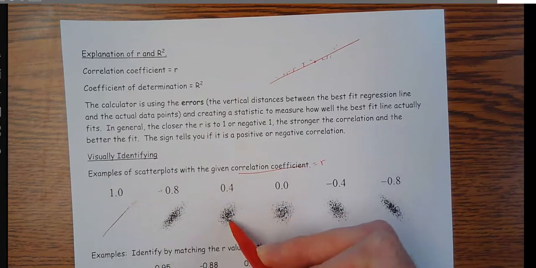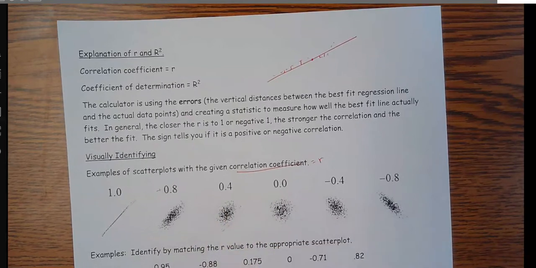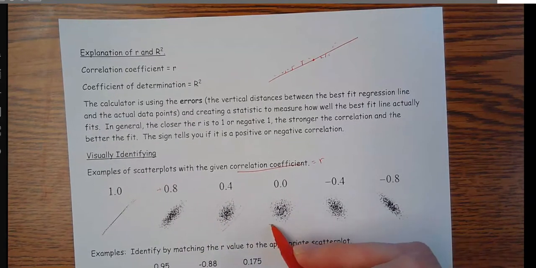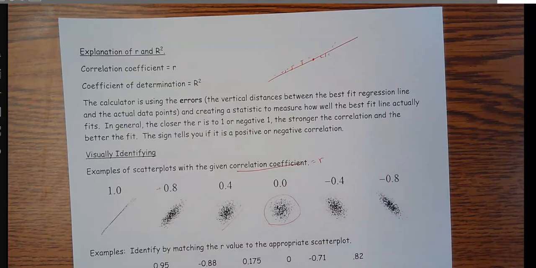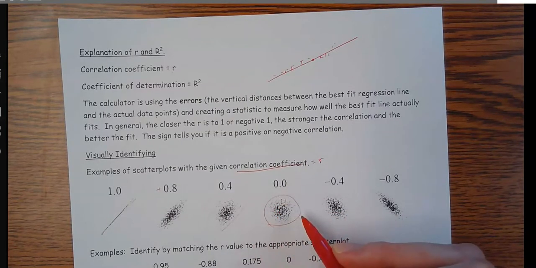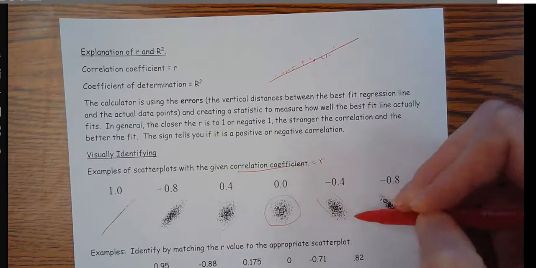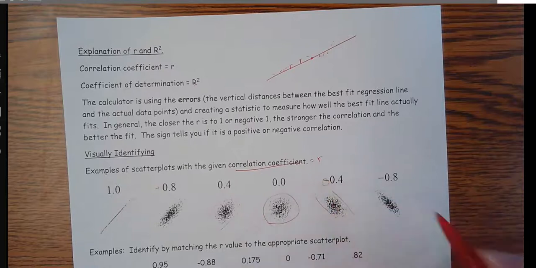Notice 0.4 is kind of weak. I can barely see that, but that's kind of following a path here like this, but it's still not great. Here, I just got what looks like a literal shotgun blast in the wall. You shoot drywall with a shotgun, you're going to have no correlation. It's not positive, it's not negative, it's nothing. Okay, now this one, just as scattered as this one, but if you notice, it's kind of following a trend of going down, so that's why it's negative.